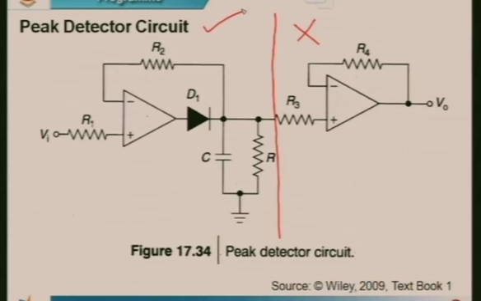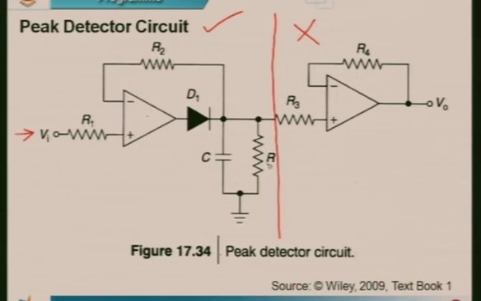If you can see here, we are applying the input voltage to the non-inverting pin of the op amp, whereas at the output of the op amp we have a diode, and we have R2 in the feedback path, and we have a capacitor and another resistor R. Typically R is very large, R2 and R1 are quite small.